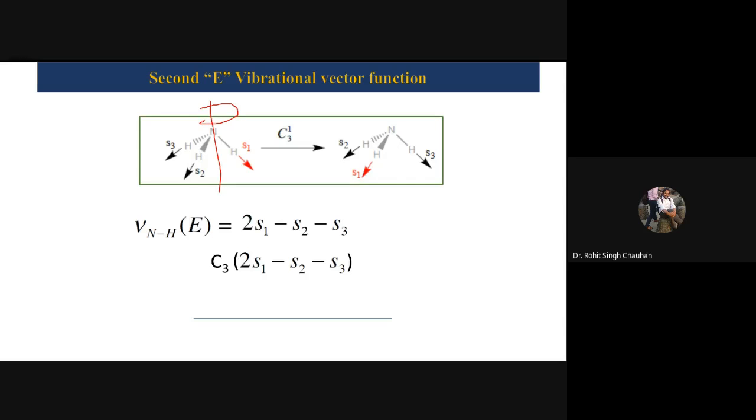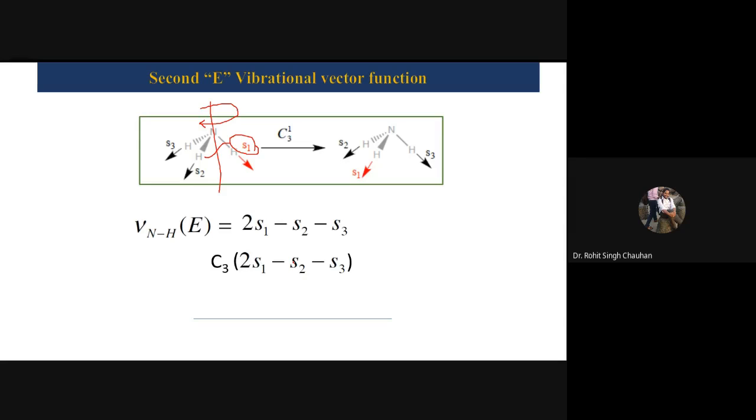Now what would happen? What does this S1 become? It will move here. So basically this S1 is going to be S2, so you are supposed to write S2 here.